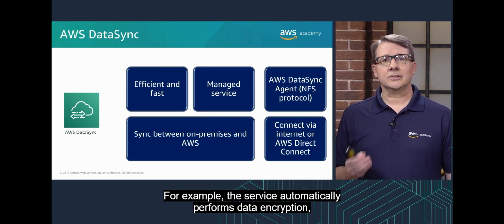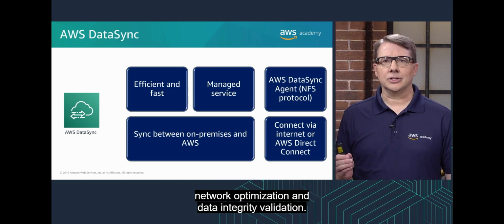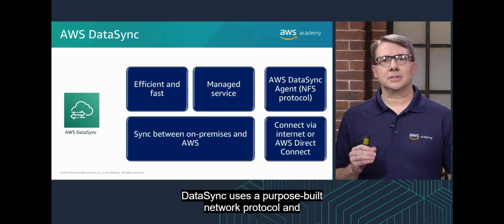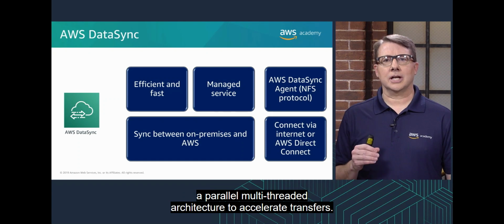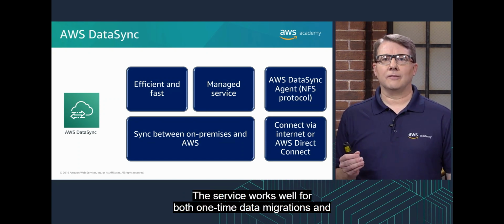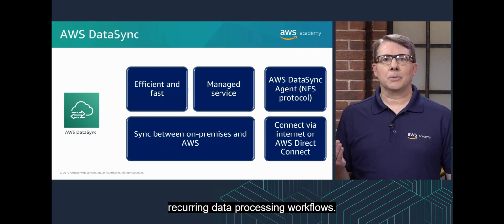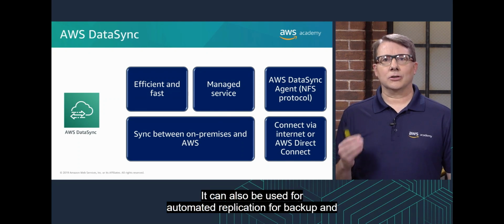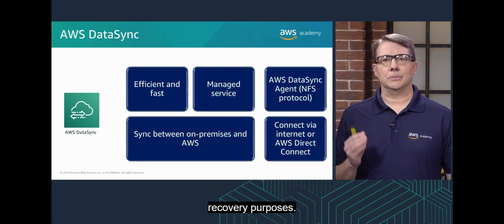For example, the service automatically performs data encryption, network optimization, and data integrity validation. Data Sync uses a purpose-built network protocol and a parallel multi-threaded architecture to accelerate transfers. The service works well for both one-time data migrations and recurring data processing workflows. It can also be used for automated replication for backup and recovery purposes.